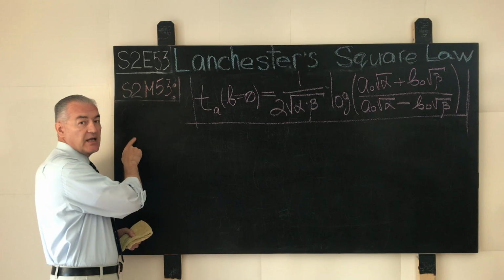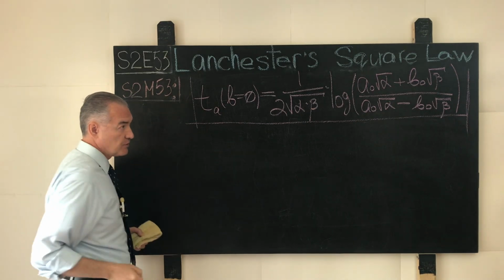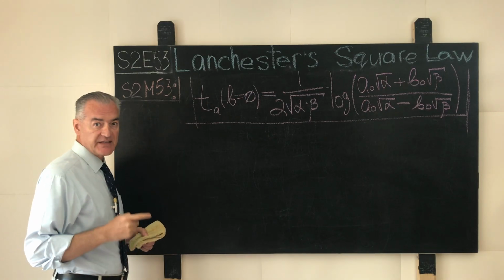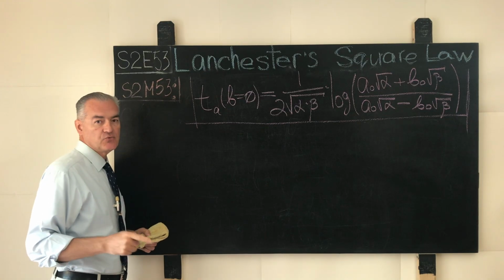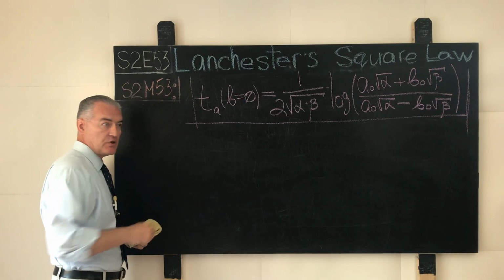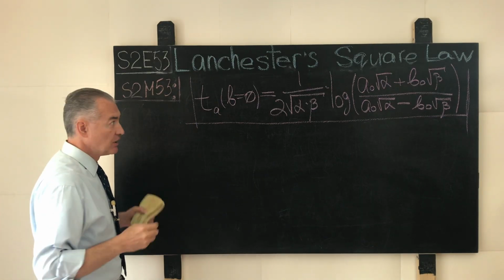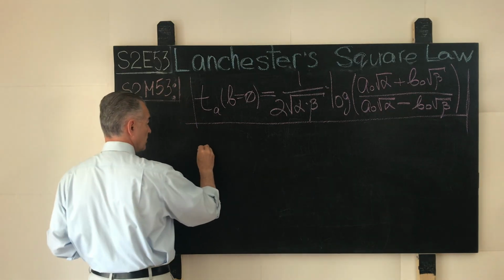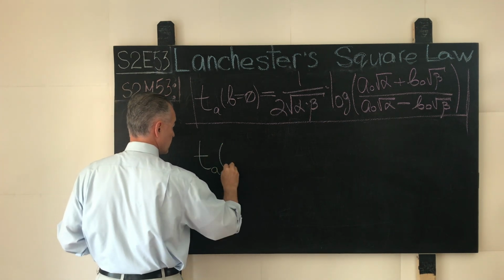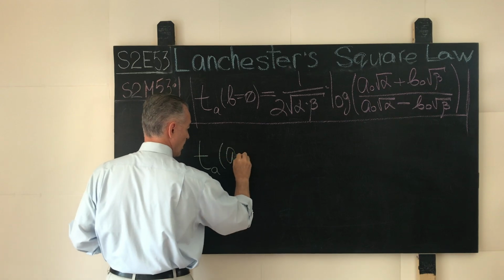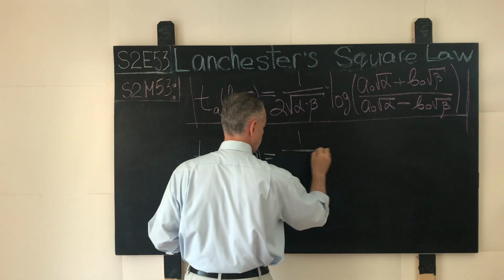If we equate a of t to 0 and solve the resultant equation for t of a, the annihilation time, but this time when the army B in the fully escalated mode wipes out the army A, what will be the annihilation time in that case? Well, you already know the drill. Use this to test your understanding, but the expression for the annihilation time when the army A gets wiped out will be what?